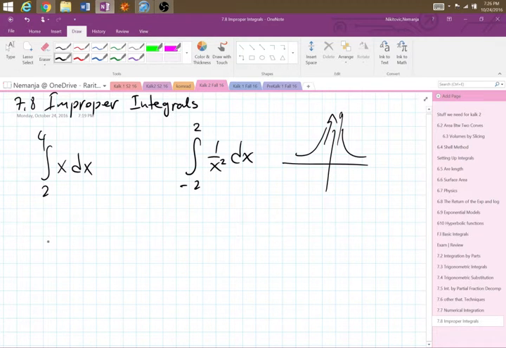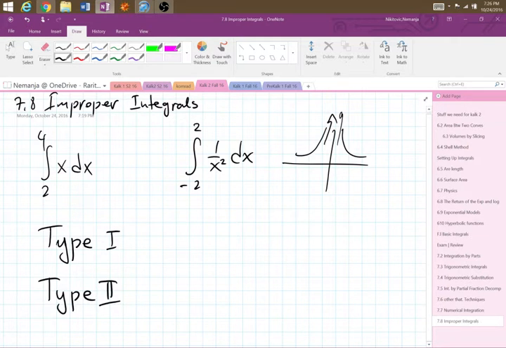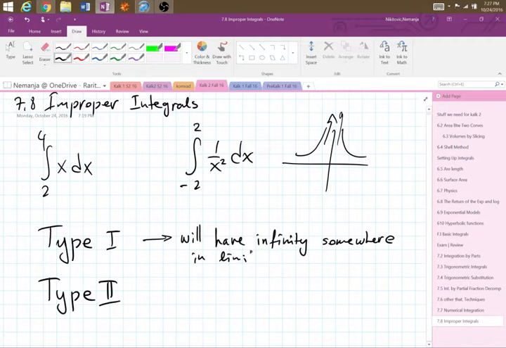So we're going to have type 1 improper integrals and type 2 improper integrals. Type 1 will have infinity somewhere in limits. So guys, if you have eyes, you will immediately see that. Whether it's negative infinity or positive infinity in one of the limits, you will see it.